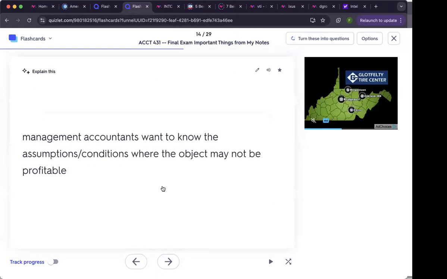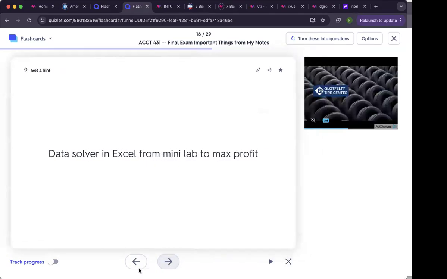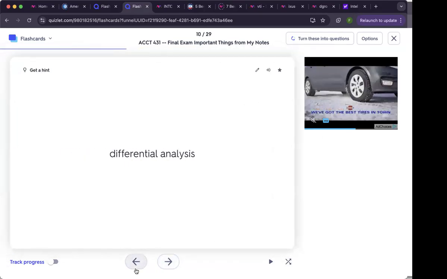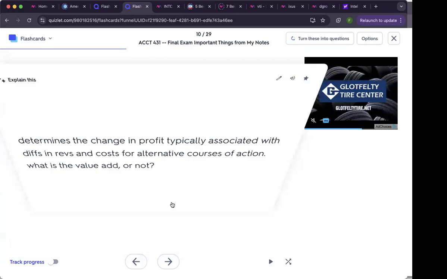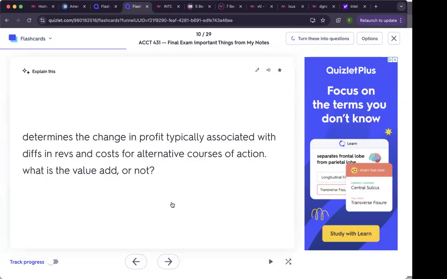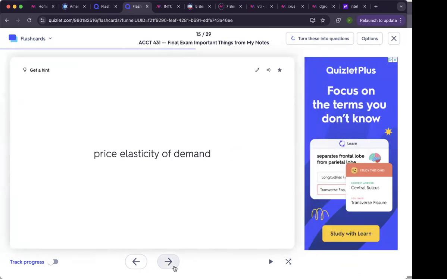So sensitivity analysis is a type of differential analysis, right? Recall differential analysis is the change in profit associated with differences in revenues and costs because of alternative courses of action.